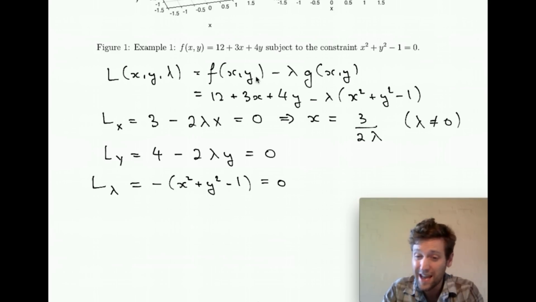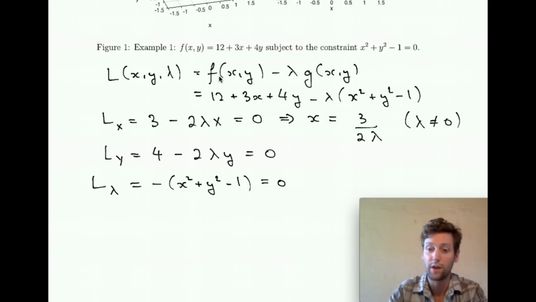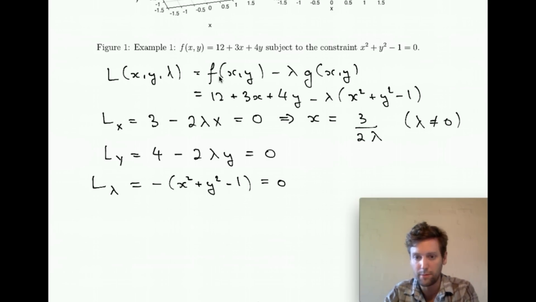So in other words, setting lambda equal to 0 means that the extreme problem that I'm trying to solve is really trying to find the extreme values of f of x and y. It's looking for the global maximum and minimum values. There's no constraint. And of course, that doesn't make any sense in this problem. So you see that setting lambda equal to 0 turns off our constraint. So for that reason, we can never have lambda equal to 0 in these problems.